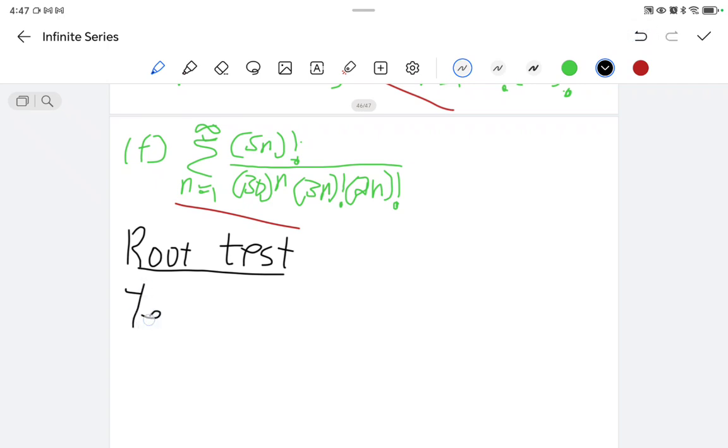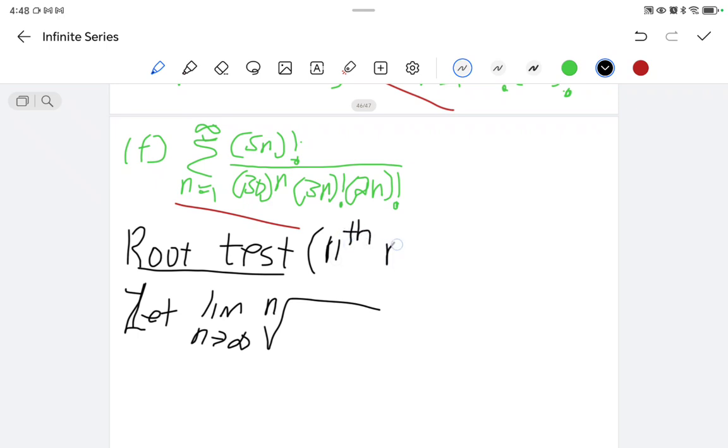let's say a of n, not really a of n because it's a root test. I'll let L be the limit as n approaches infinity of the nth root of the absolute value of a n. So this is called the nth root test. I want you to understand this.